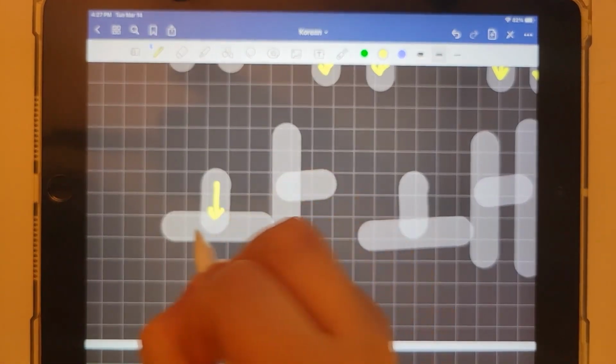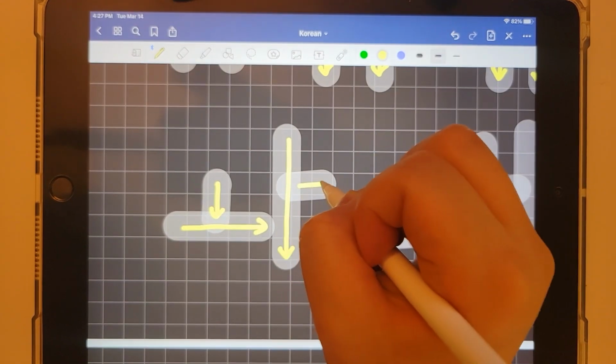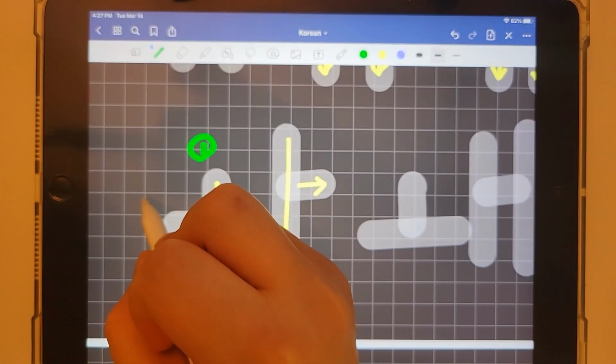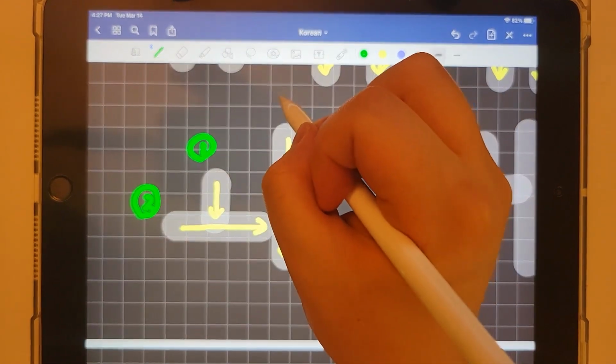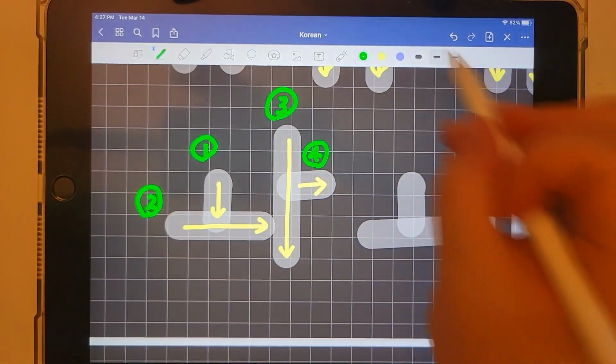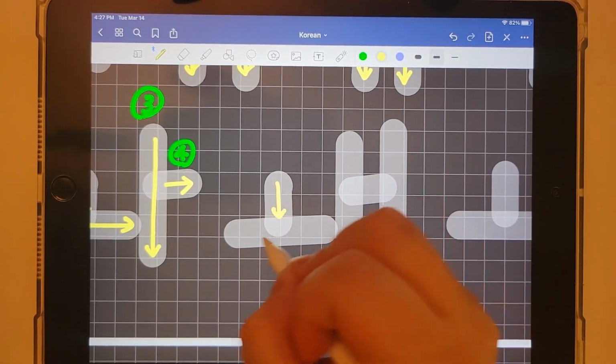Alright, and this next one is a little bit more complicated, but it's wah. And it has 1, 2, 3, and 4. So these short little yellow arrows are dashes. Okay.